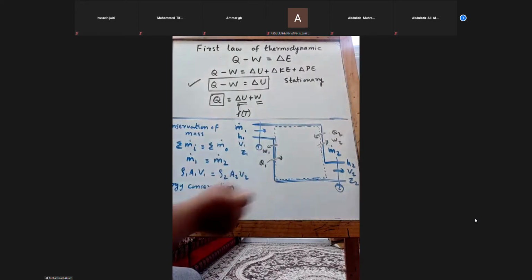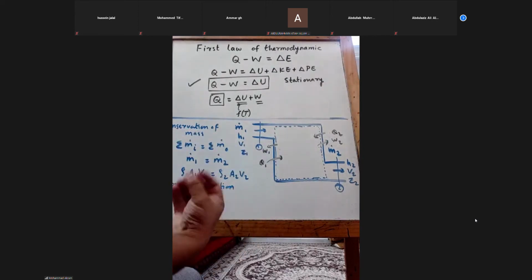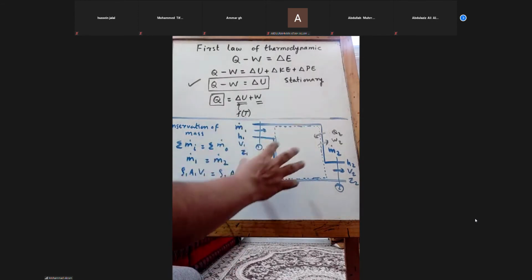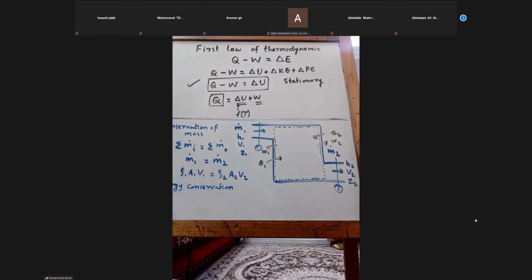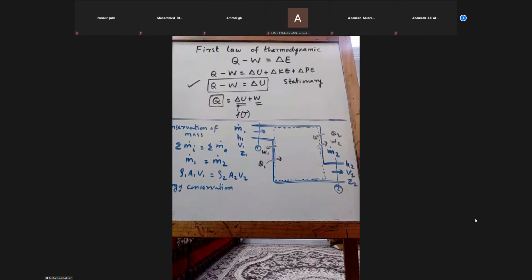So I'm showing positive values. Depending upon the situation, some of them will be zero, so you can change the equation. But when I'm writing the equation, I'm writing the generalized equation. So what is the total energy available at the inlet? We can write Q1 dot plus W1 dot. So this is the heat and this is work, plus what is the total energy?